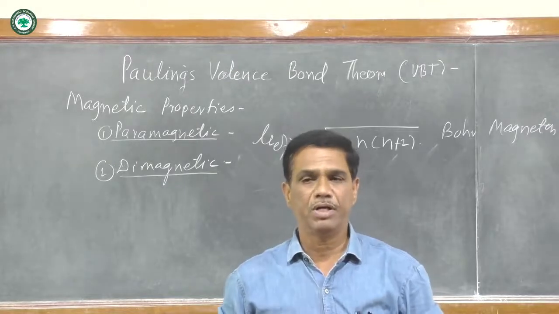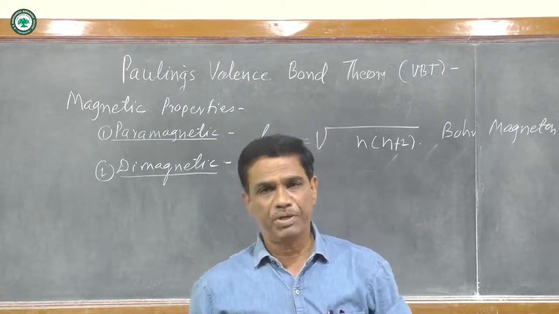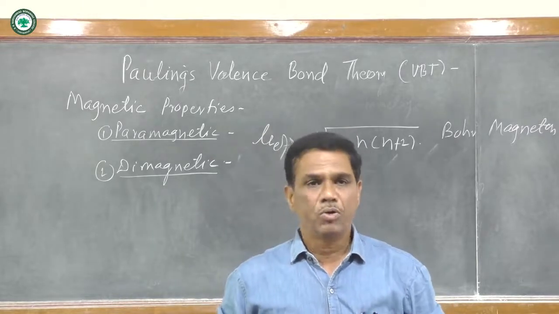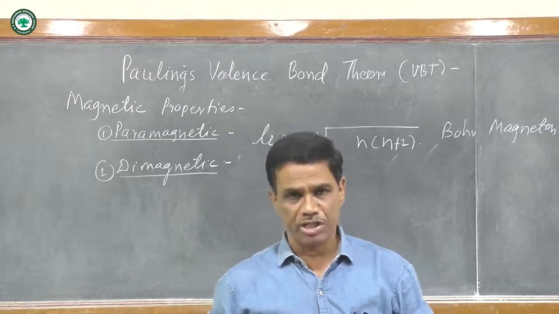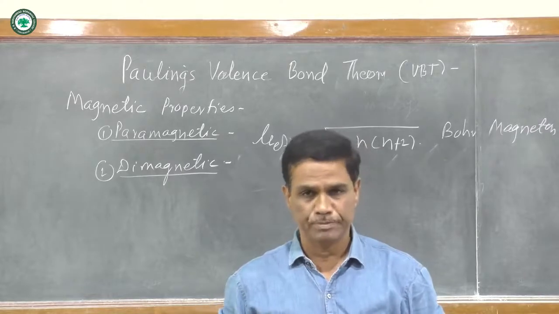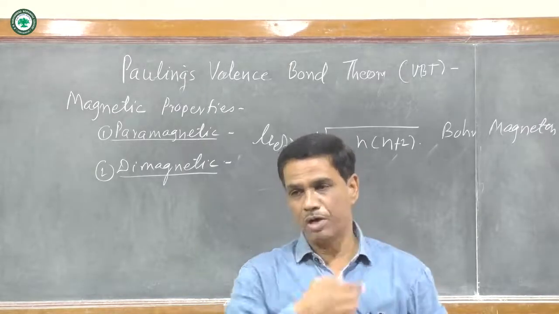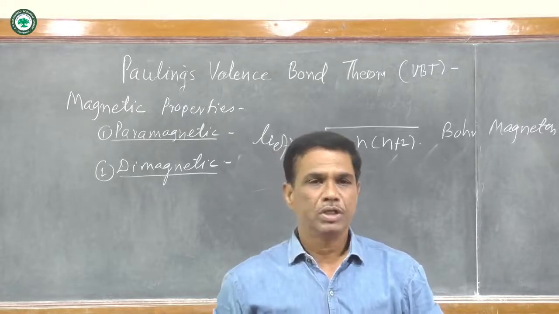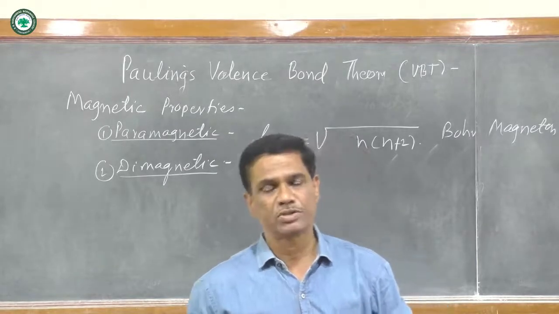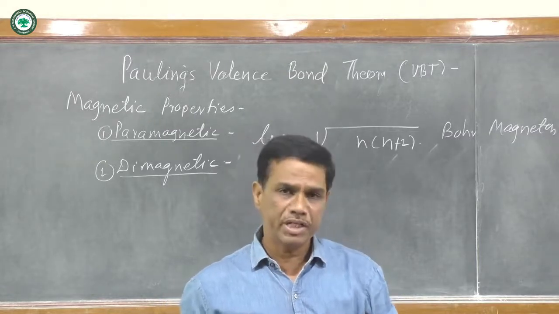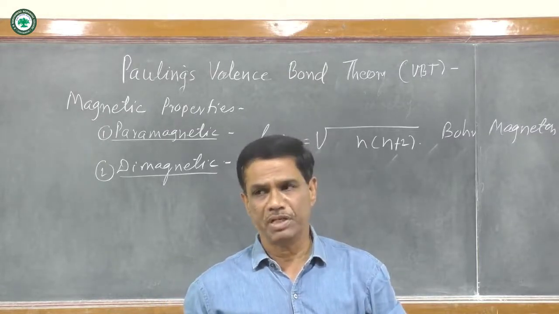Then from the hybrid orbitals and overlapping atomic orbitals, you can find out how many bonds are formed, meaning the coordination number of the central metal ion, then the shape and geometry of that molecule, then the number of unpaired electrons, and how the electronic structure or arrangement is around the central metal atom.